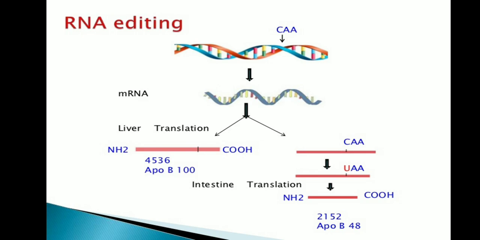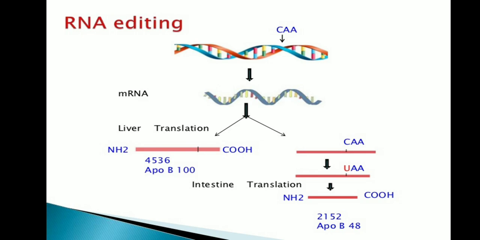Alright. In a few cases, changes in the information coded in the DNA occur that lead to the generation of new coding sequences, which means the information changes at the level of mRNA. Therefore the coding sequence in the RNA differs from the sequence of the DNA from which it is transcribed.